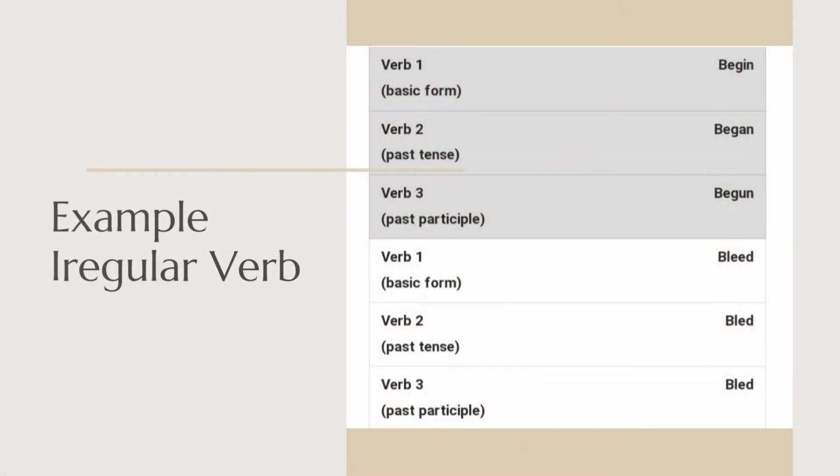For example, we can see the next page. On the other hand, irregular verbs almost always change when they become verb 2 and verb 3. For example, we can see the next page.